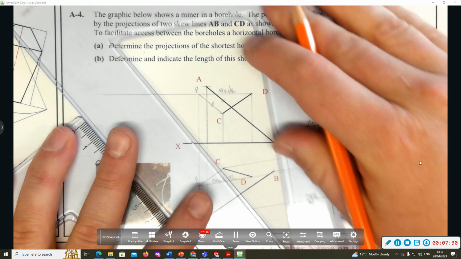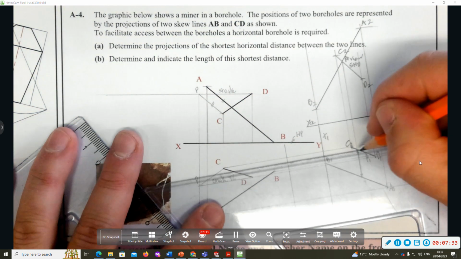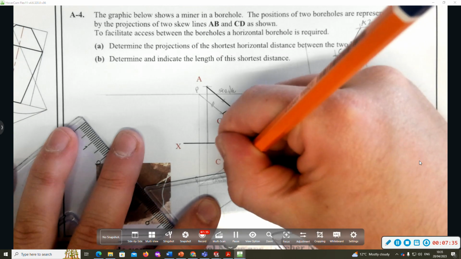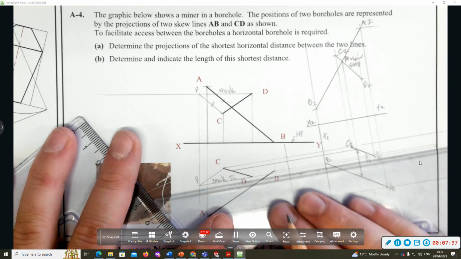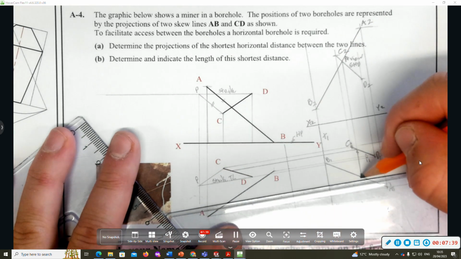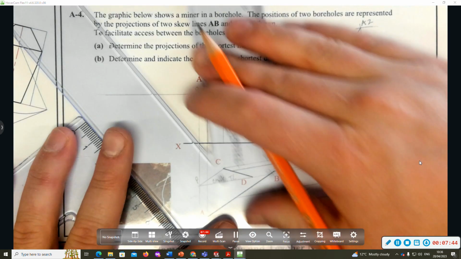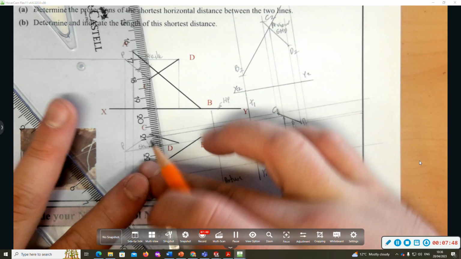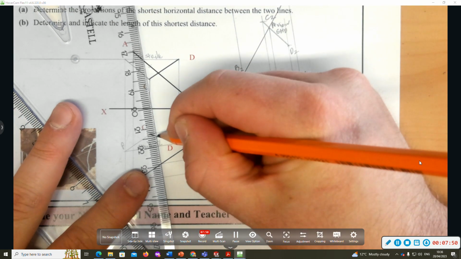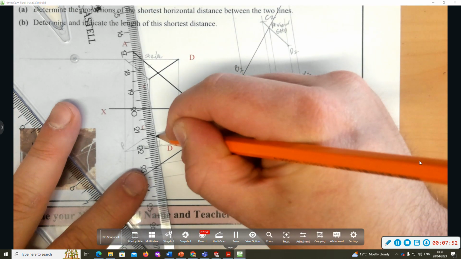Now I need to project this to plan. So I'm going to bring this point back down to C, and this one back down to A. So I'm just going to move my visualizer for a moment, and I'm going to connect them together.